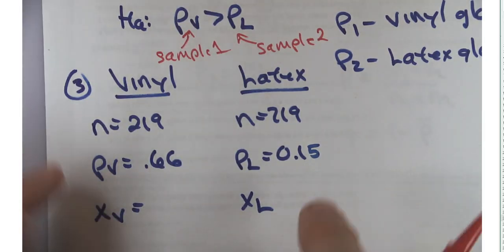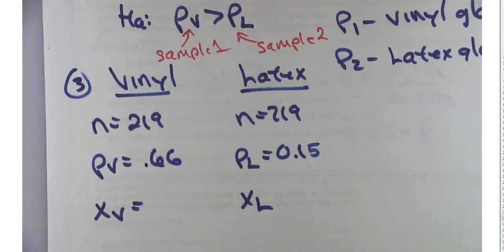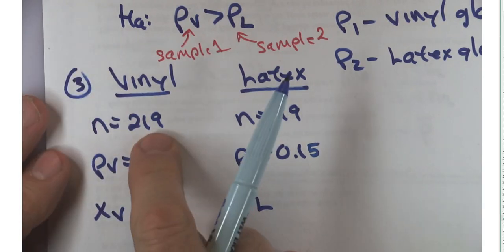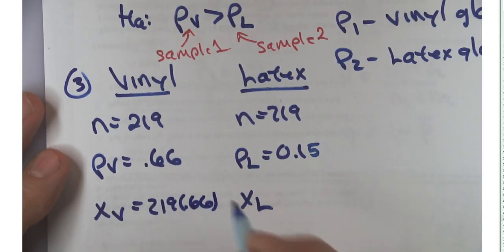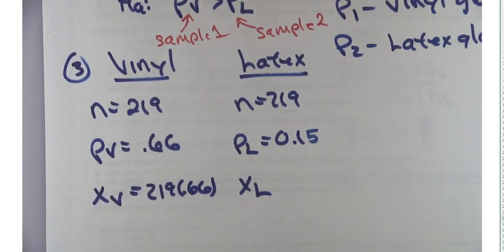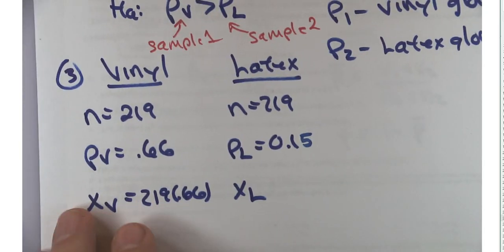Now, if you try to put in, say, 0.66 times 219 to get x sub V, 219 times 0.66, then you might be disappointed. I think it gives you 144 and change. And that's just not going to cut it, because you can't have a number of gloves that worked as 144 point change. It's either 144 or 145.